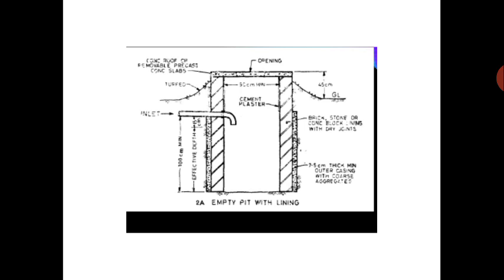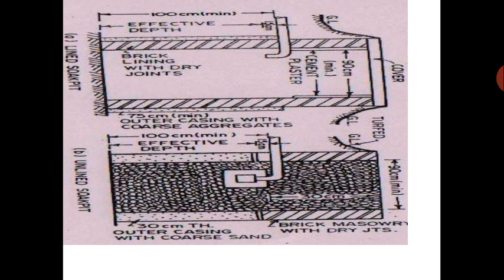This is the soak pit where linings are provided inside. Linings means some masonry structures they construct inside the soak pit we are talking about. So the first one is the lined soak pit.